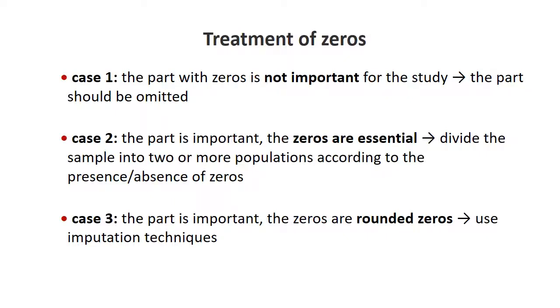Or the parts are important, and the zeros are basically rounded, possibly due to measurement limitations. In that case, there are other techniques, such as imputation methods in statistics, replacing those zeros with either low values or with mean values, and there are several imputation techniques that can be tried out.